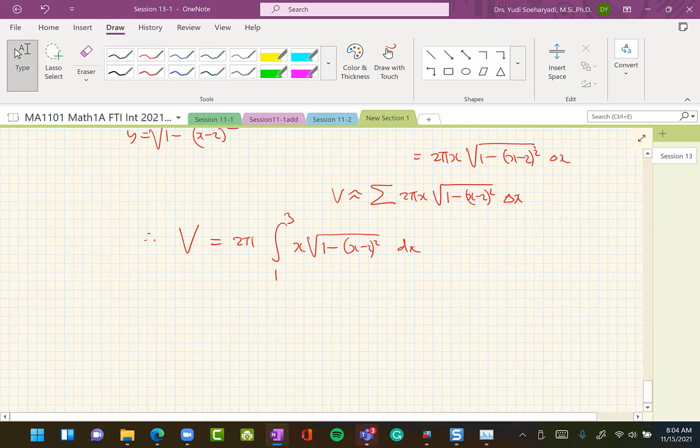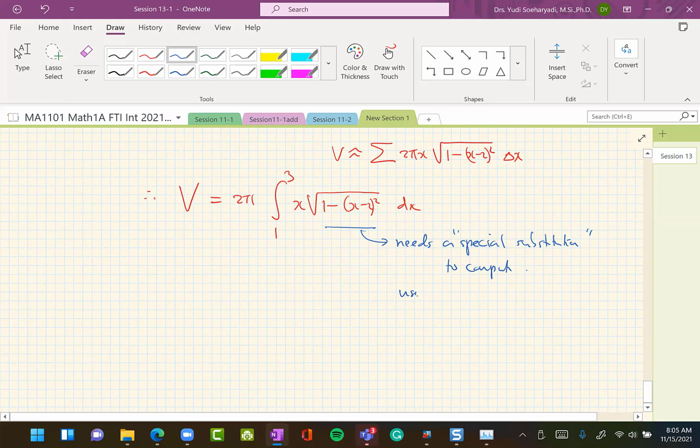Okay, so this is a substitution to compute. So that's not an easy one. All right, but use Maple or a program.